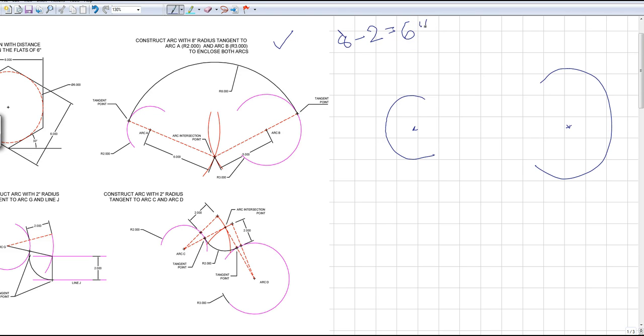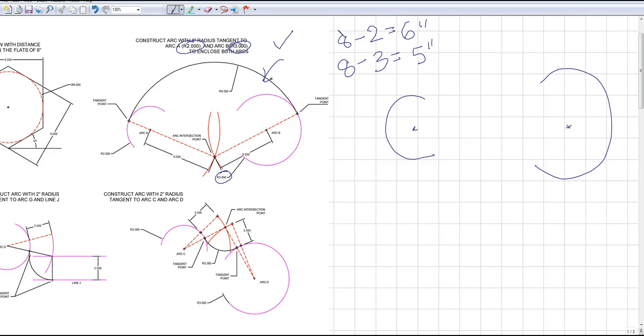And I will do the same thing, 8 minus 3 for arc B, which gives me 5 inches. Now you have to know arc A is a radius of 2, and arc B, if you look over here, is a radius of 3. That's what we're subtracting from the radius of the big arc, which is our final arc, which we need to draw, at a radius of 8.